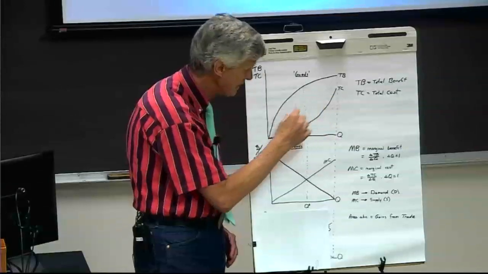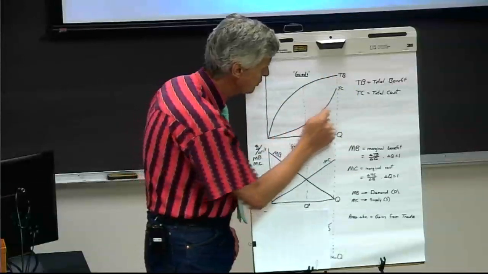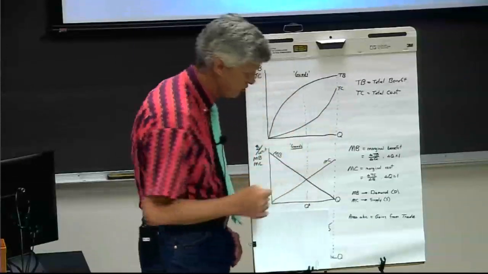The way that total benefits typically change with quantity, and the way that total costs typically behave with quantity, yields this situation.